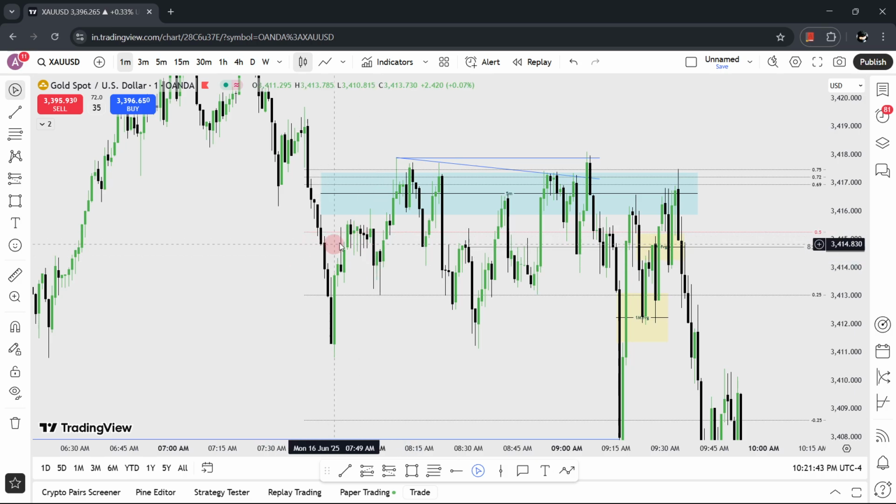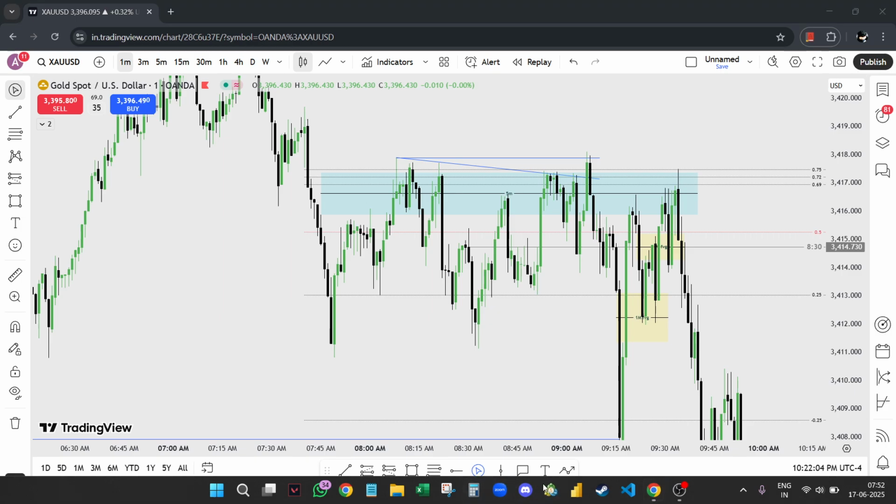So I just want you to look at this equilibrium, that is the premium array. We have this 1 minute fair value gap. This 1 minute, there will be a fair value gap here on 2 minute.